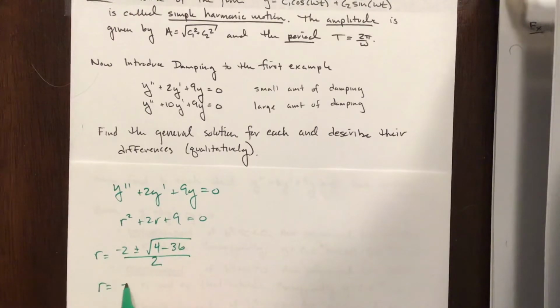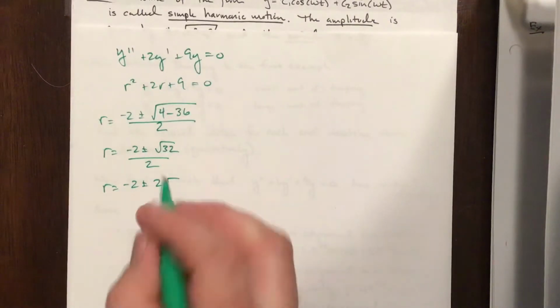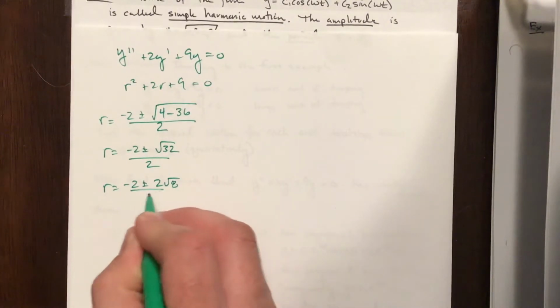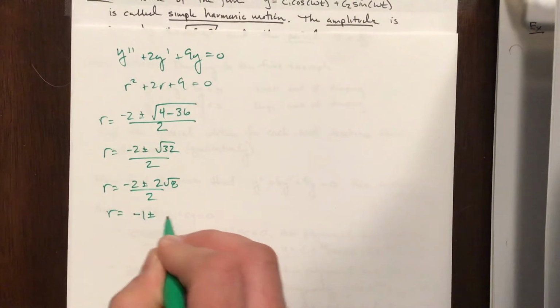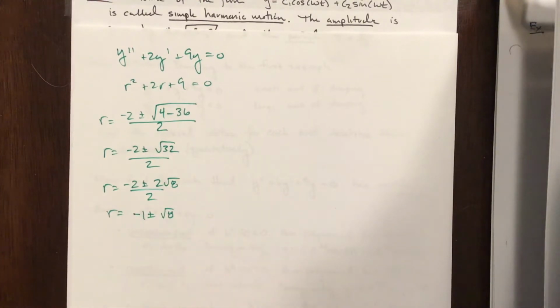So r is -2 plus or minus the square root of 32 over 2, and the square root of 32 is 2 root 8 over 2. So r is -1 plus or minus the square root of 8.